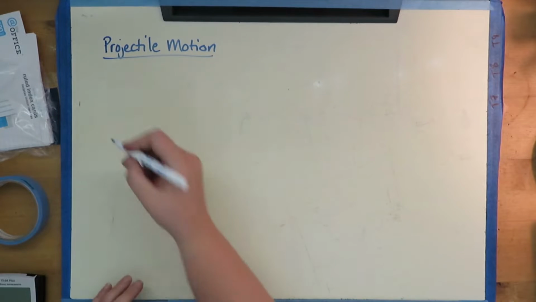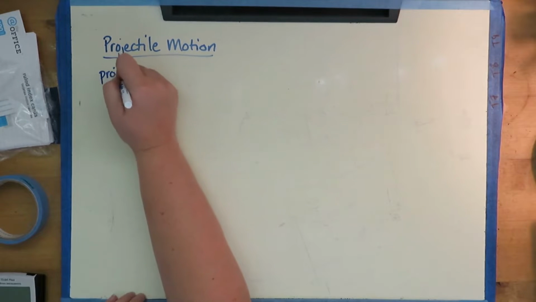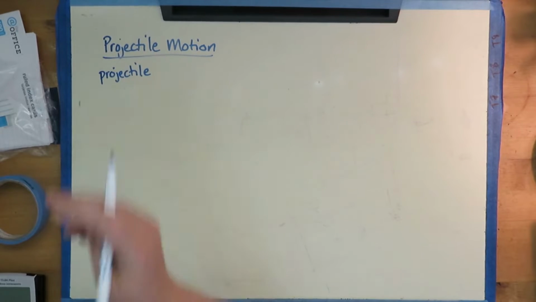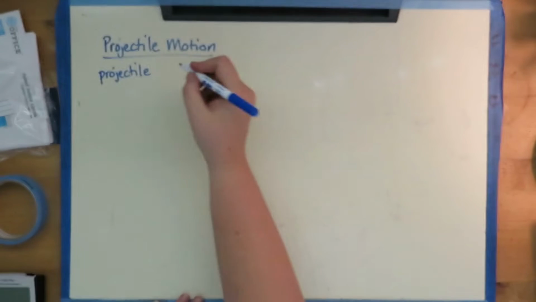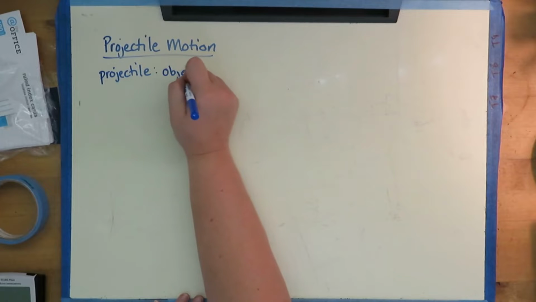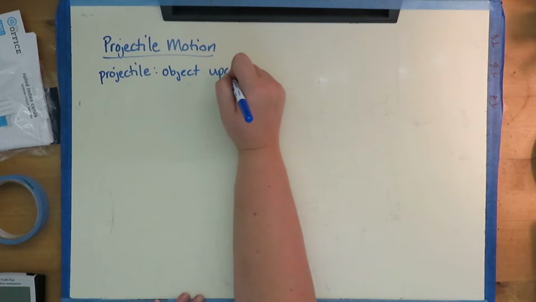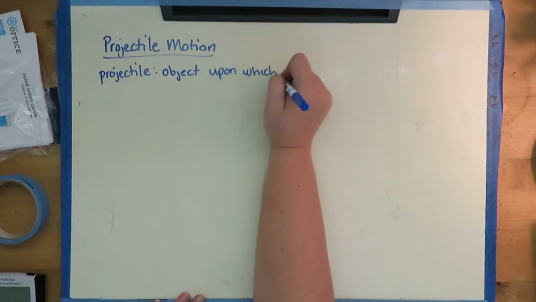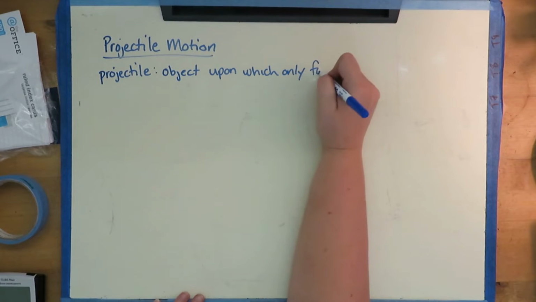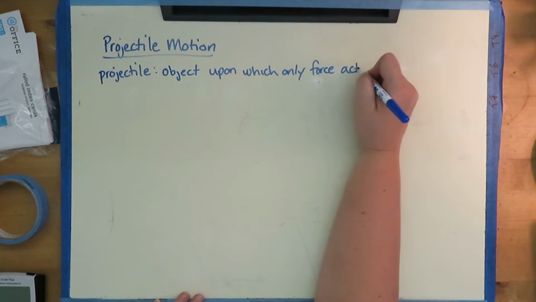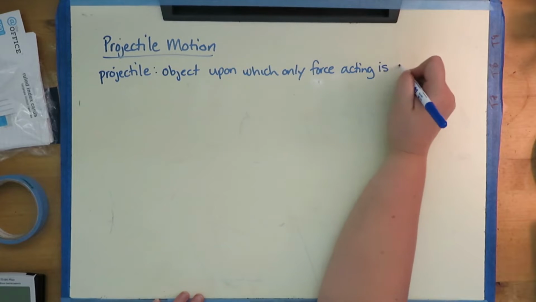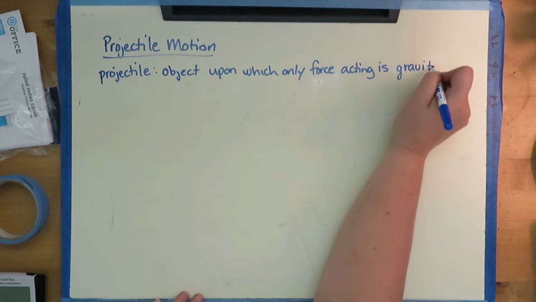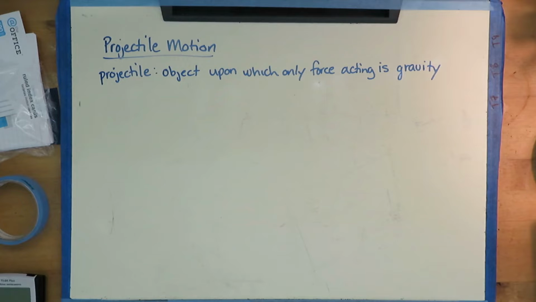So a projectile, by definition, is any object upon which the only force acting is gravity. So when we looked at free fall in one dimension, objects that are in free fall are projectiles.